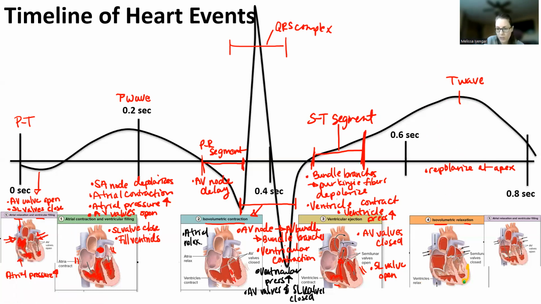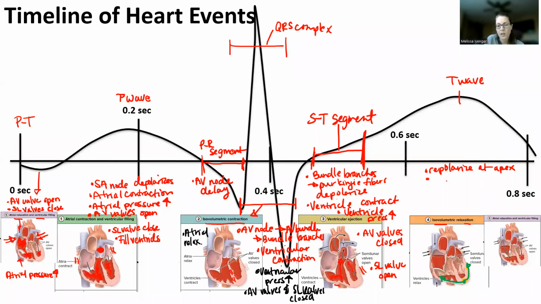Let me make that maybe in green. So my heart is still electrically charged because I'm still kind of doing some ejection up at the top here. This is going to be a much slower process in order to repolarize the entire heart, essentially. So as my repolarization at the apex happens, my Purkinje fibers start to go through repolarization.